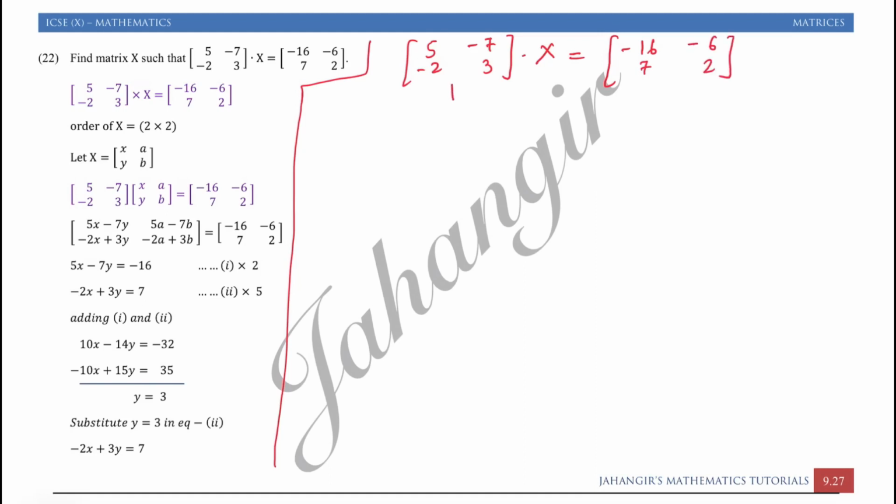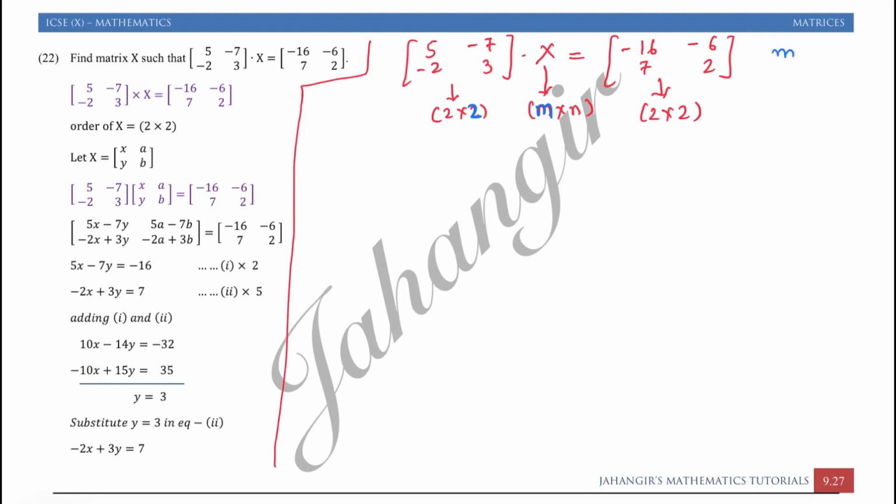So here what we have to do, we have to write the order, that is 2 by 2. We know the order of the given matrix. X I don't know, so I can write m into n, and order of answer is 2 by 2. As we know, for a multiplication to exist, the first matrix's number of columns should be equal to the second matrix's rows. See, I had marked with blue.